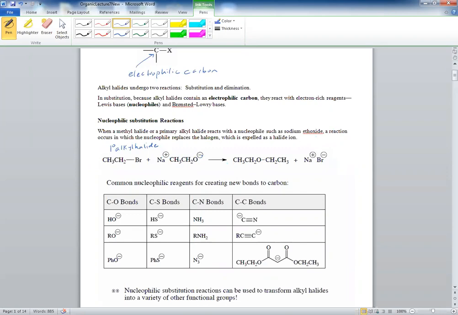So what happens here is that Na is a spectator ion, so we don't even consider it. And this oxygen has these lone pairs. And notice what happens on the other side. That Br is out right here, and it's replaced by this right here, which is your nucleophile.